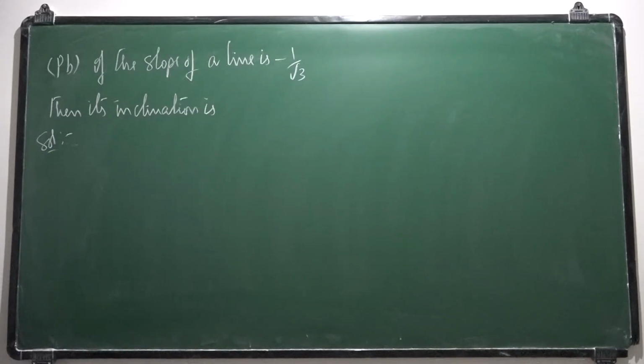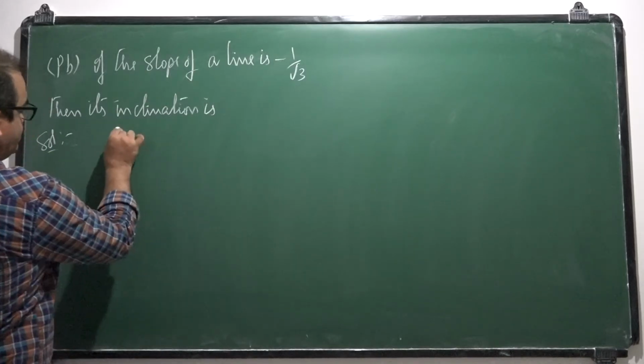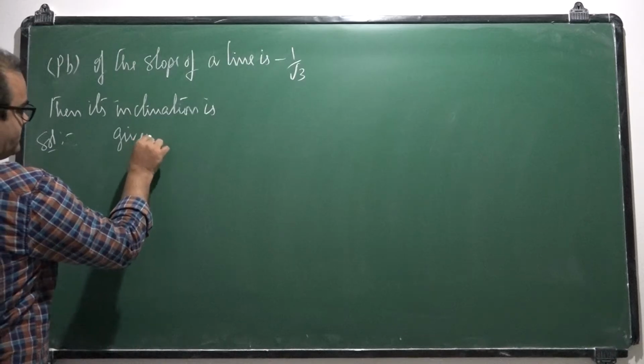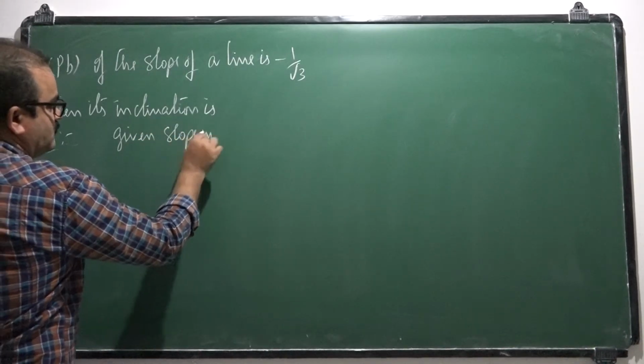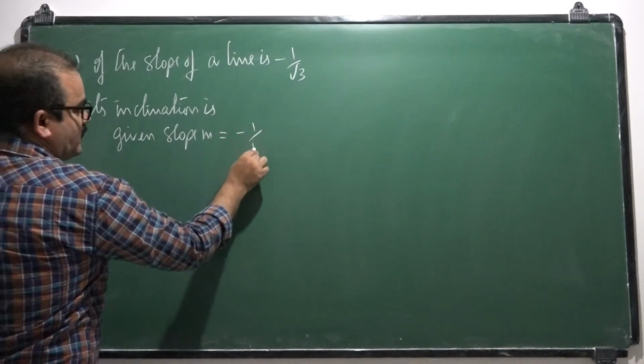The slope of a line is given, slope m equals minus 1 by root 3.